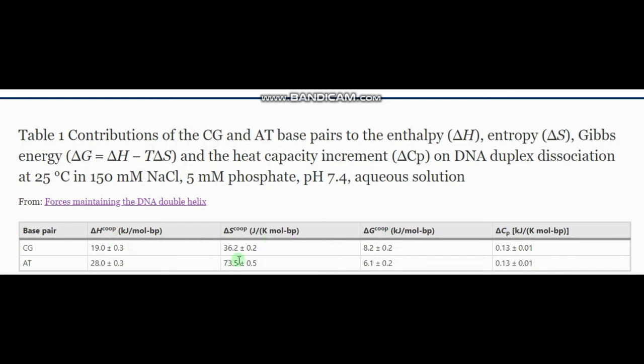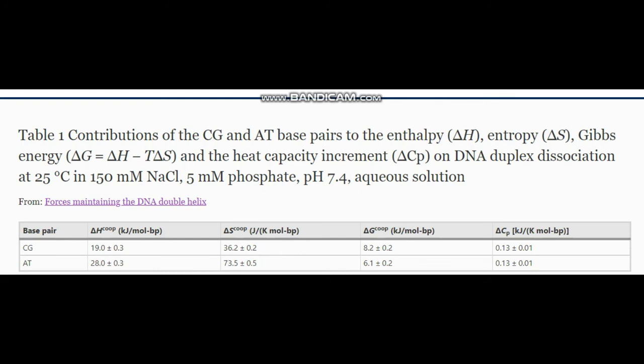When we look at the delta H and delta S, you can see that delta S is positive for unfolding. In other words, the dispersal of energy is greater when the DNA is unfolded than it is when it's folded. And that's something we talked about right at the beginning. You know that's going to be the case because of the massive increase in the independent mobility, first of all, of the two strands from one another, but also of the ability of individual bonds within those strands to rotate.